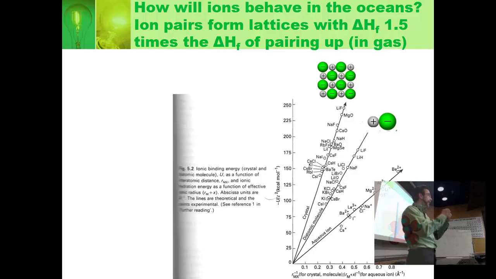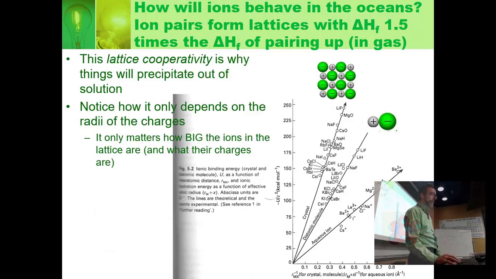If you have spheres that can pack together better, you'll have a better crystal energy. And if you have a sphere that is a different size, it will interact with water about the same as another sphere of the same size. So this shows that we're all just talking about charges in water, but there will be some things that are very happy, very stable in the crystalline form, less stable in the water form. And that's what we mean by solubilities, okay?